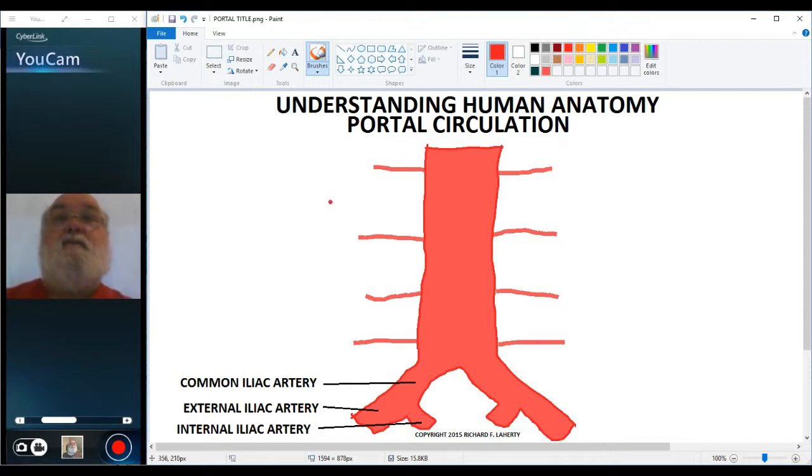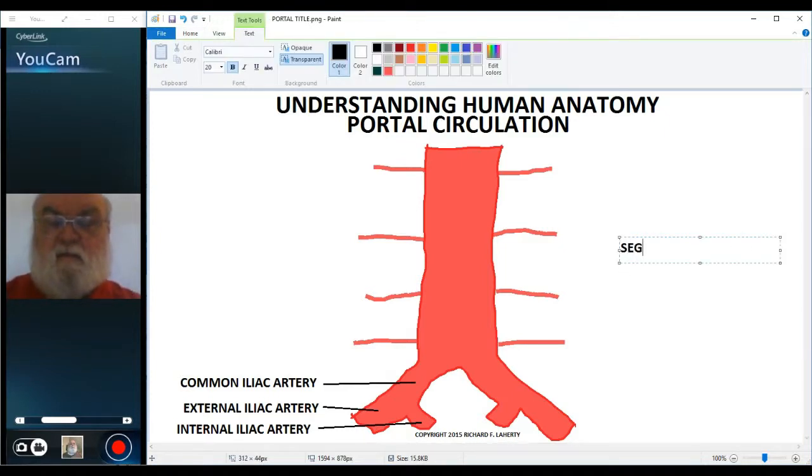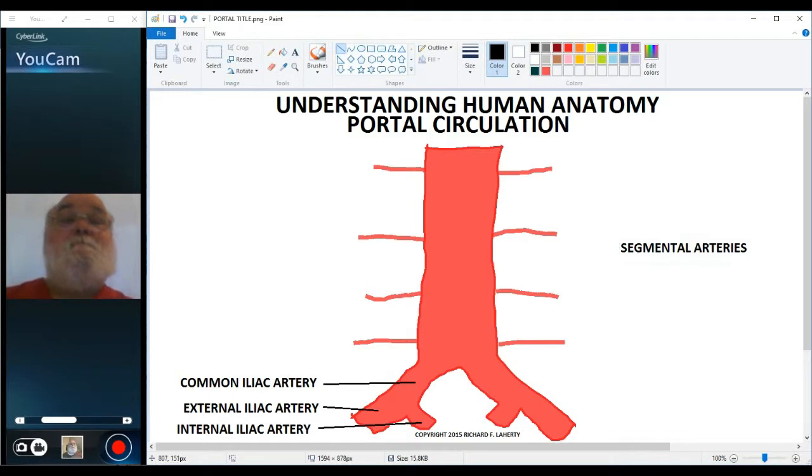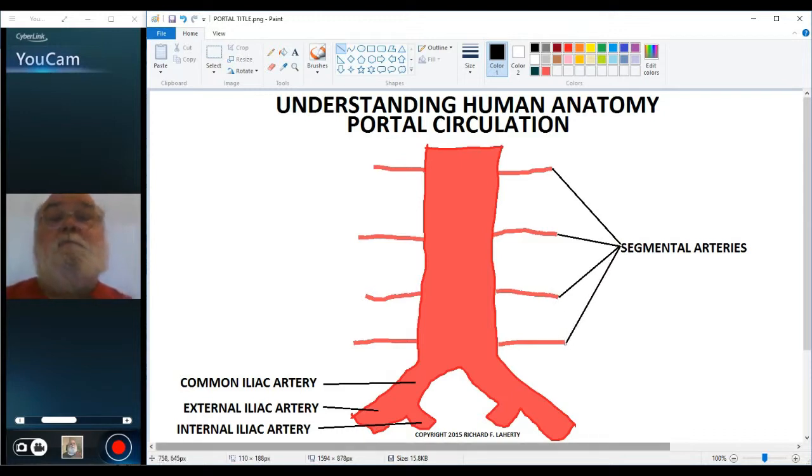And again, these are the segmental arteries.